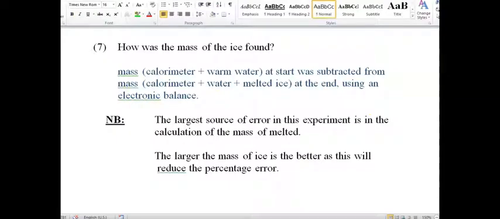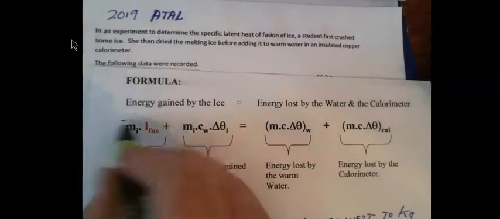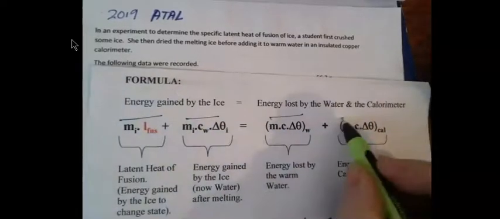Before we take a look at the 2019 Ordinary Level Leaving Cert question, the most common question that students would ask at this stage is, should we leave our mass values in grams or should we convert them to kilograms? Now, you are never wrong if you convert mass to kilograms, but in this particular formula there are 4 parts: 1, 2, 3, 4.